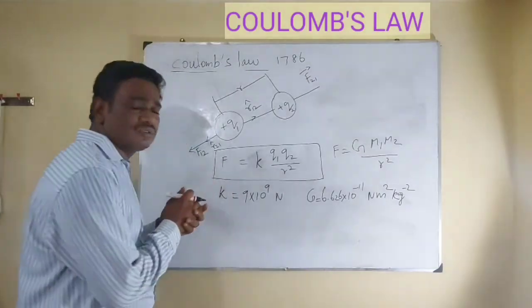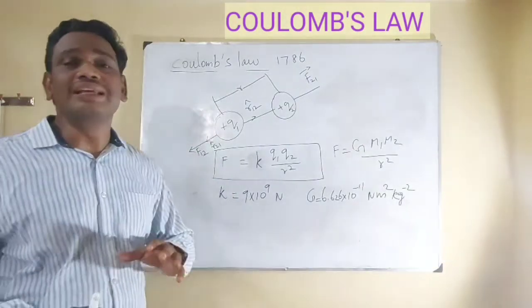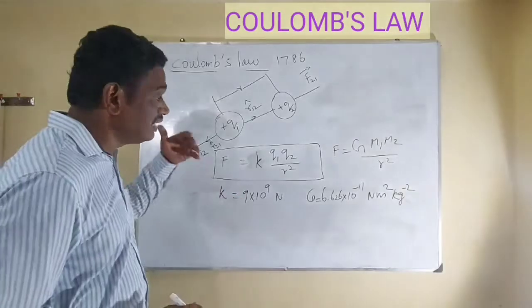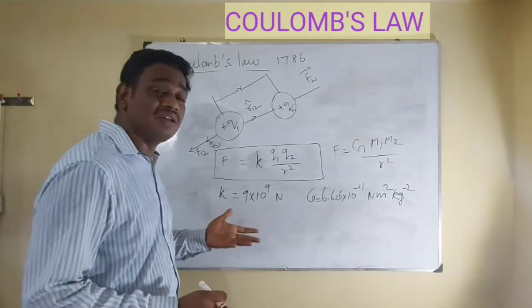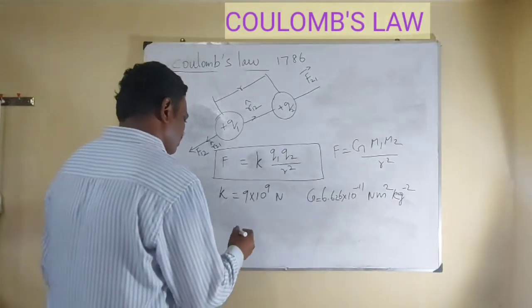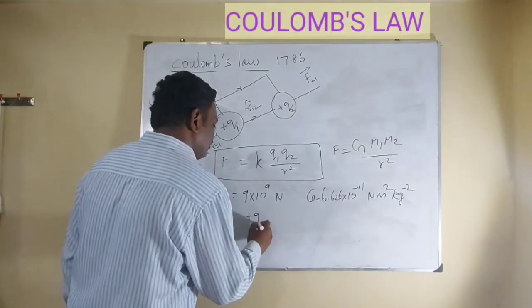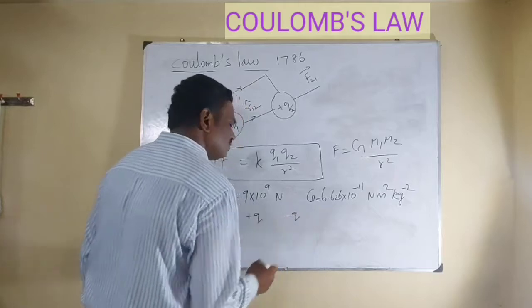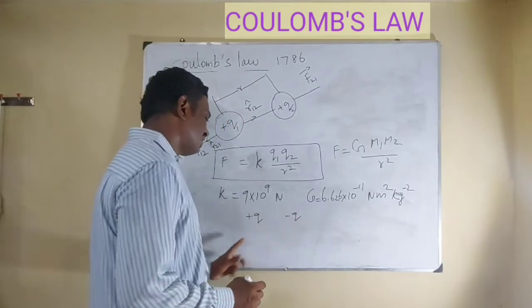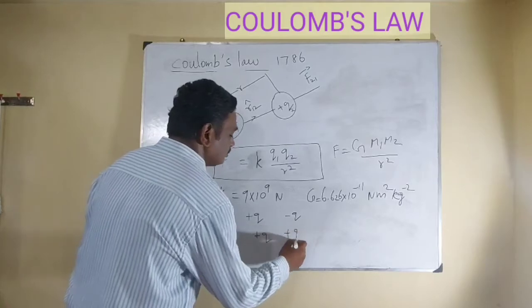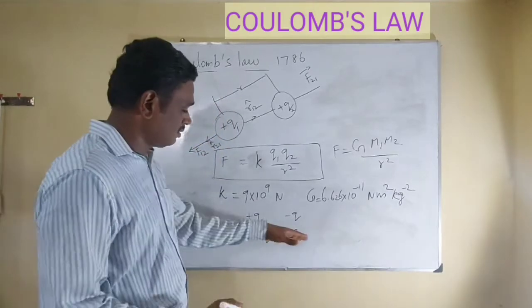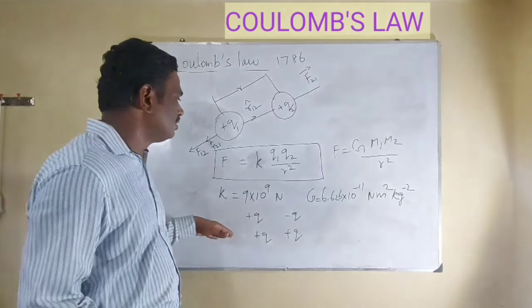The Coulomb force is not only an attractive force, there also exists a repulsive force. For example, if you consider plus Q and minus Q, there exists an attractional force. If you consider plus Q and plus Q, there exists a repulsive force.